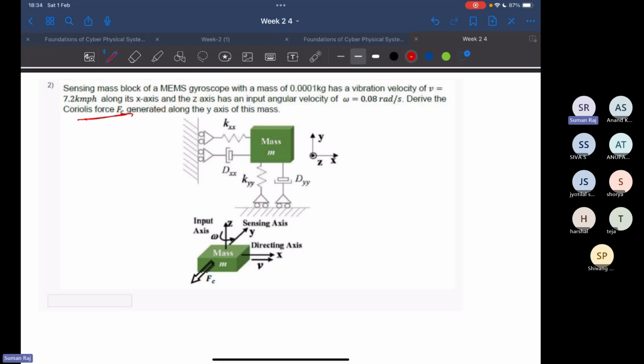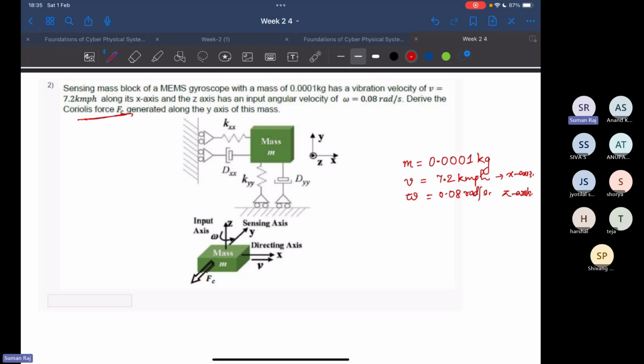So we have a mass of 0.0001 kg, then you have your V as 7.2 kilometer per hour, and this is along the x-axis. Along your z-axis, you have your omega, which is 0.08 radian per second.